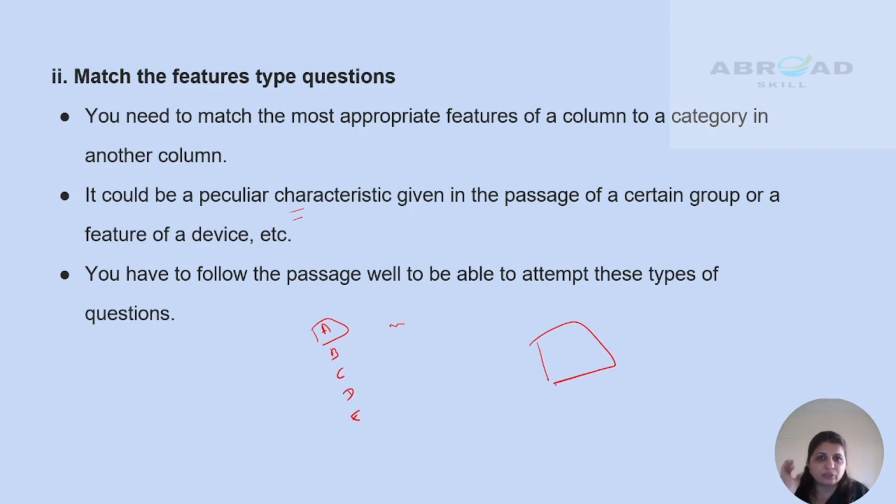So you just need to work out which feature paragraph A matches, like C or the third option, whatever it is. This is how we are matching the features. Based on the keywords, the synonyms, and the context of the passage, it becomes pretty easy to answer such types of questions.